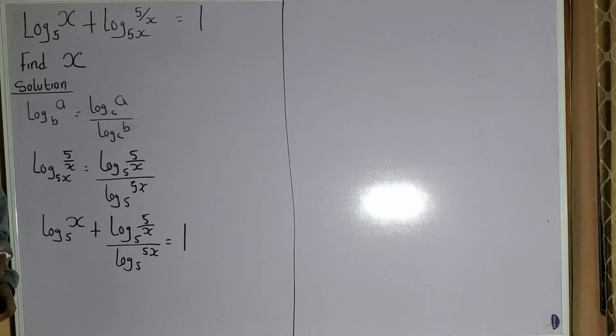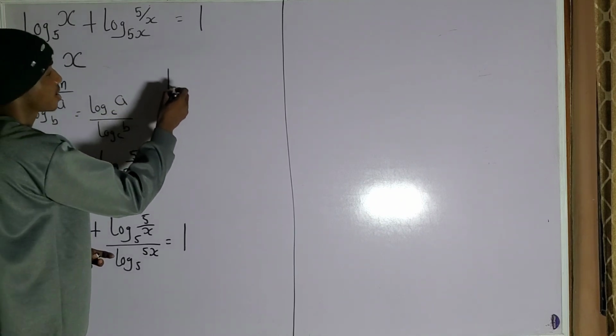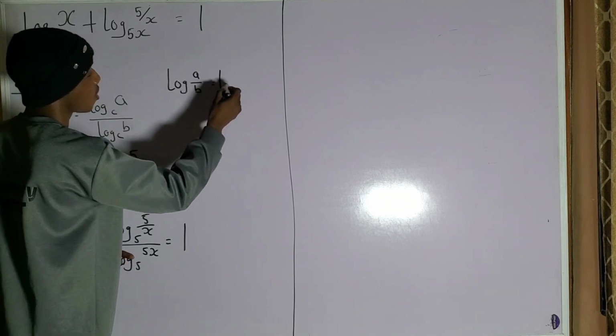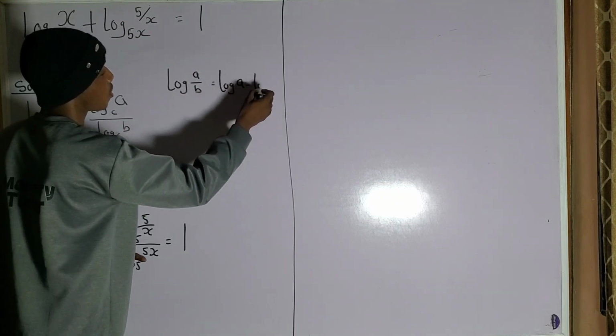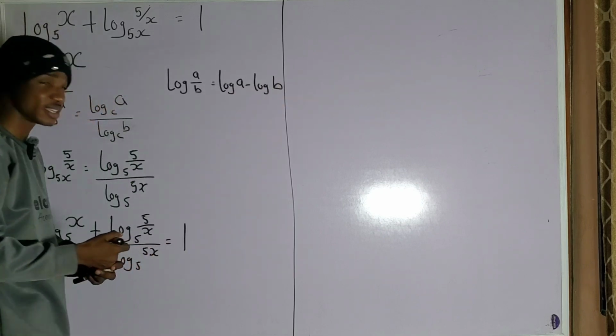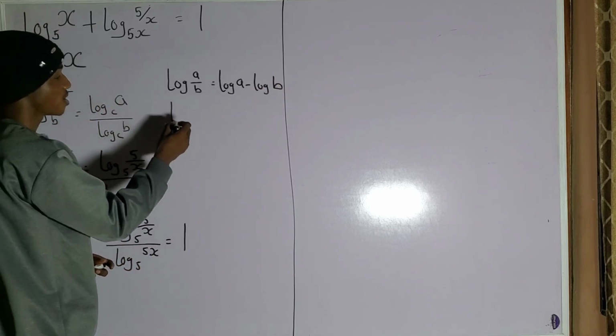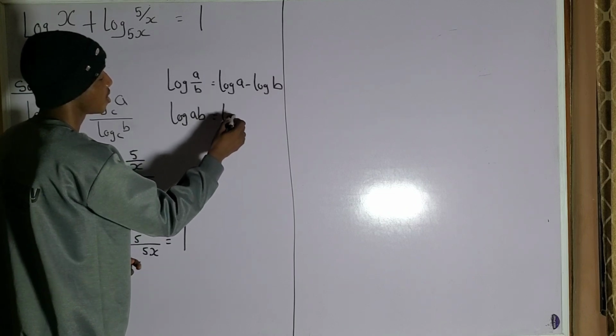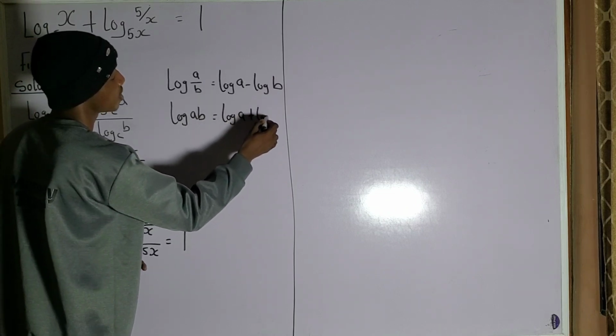Are you getting it? Okay, there is another law of logarithm. If you have log a over b, this can be written as log a minus log b, right? And if you have log a multiplied by b, this can be written as log a plus log b.